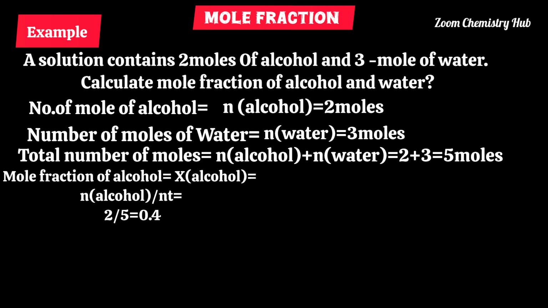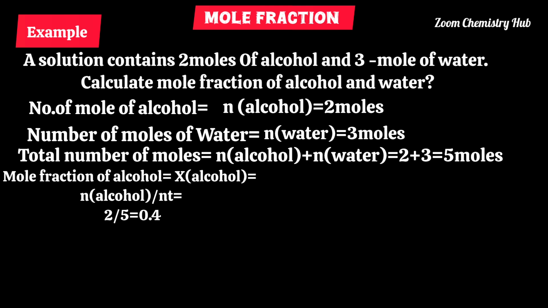So the mole fraction of alcohol is equal to the number of moles of alcohol divided by total number of moles of the solution, and we have that the number of moles of alcohol is 2 and the total number of moles of the solution is 5. So after calculating this we get the mole fraction of alcohol, that is 0.4.